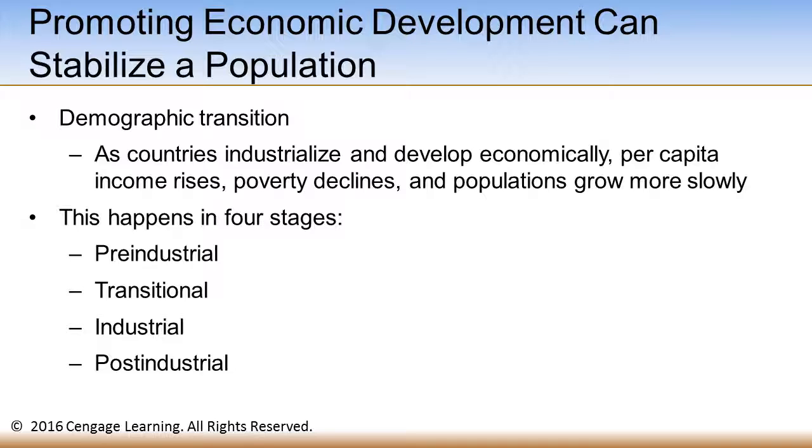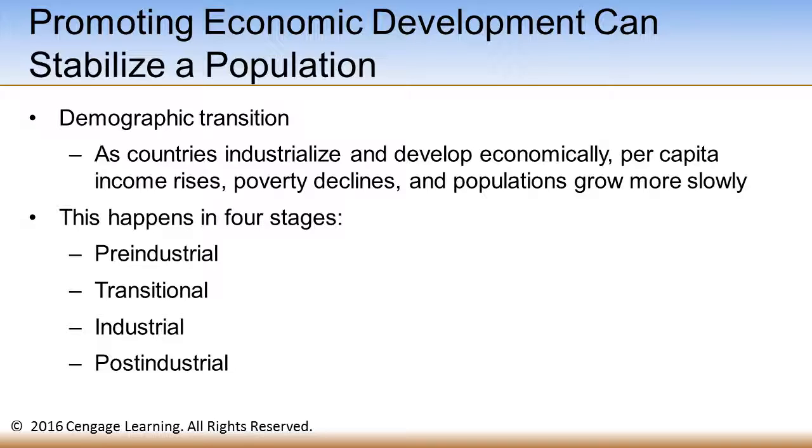Another approach that can be used is to promote economic development within some of the least developed countries. This can also help stabilize the population. If you watched the video on population growth before doing this short video lecture series, it discussed demographic transition.